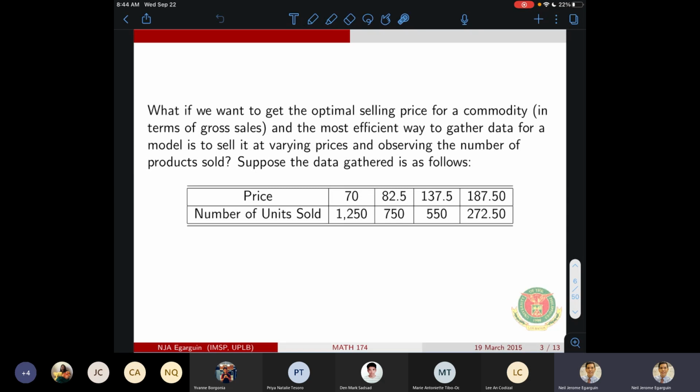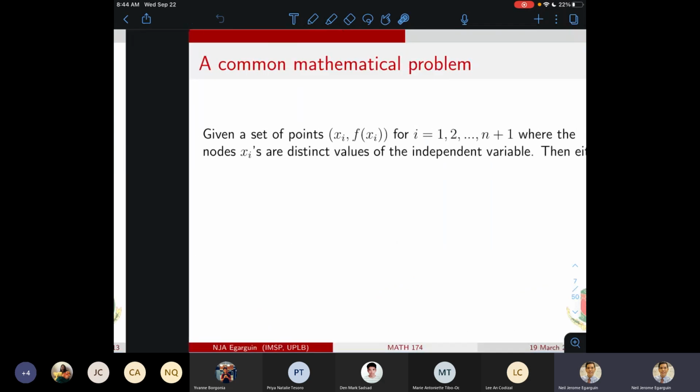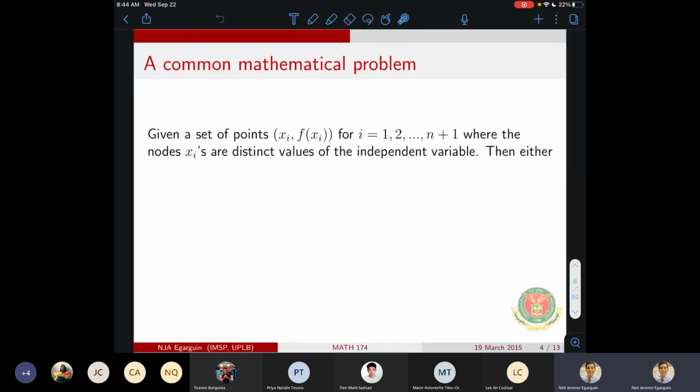So which will bring about two classic areas of study. Pero yun nga, this is used to address a common mathematical problem. We are only given a discrete, usually finite set of points, x_i, f of x_i, and we want to approximate the value of f at some value of x not included in the list.